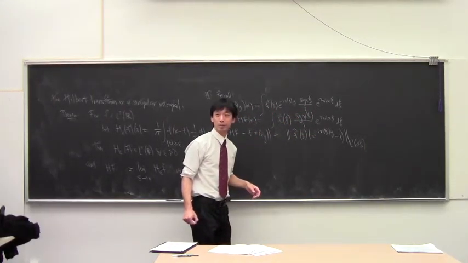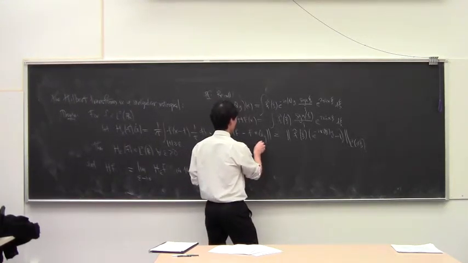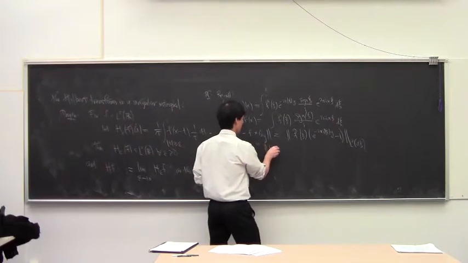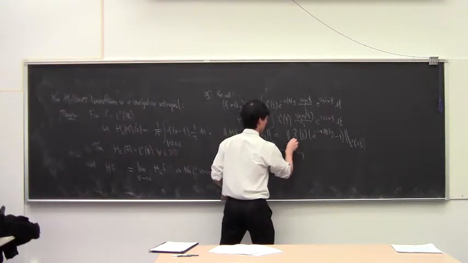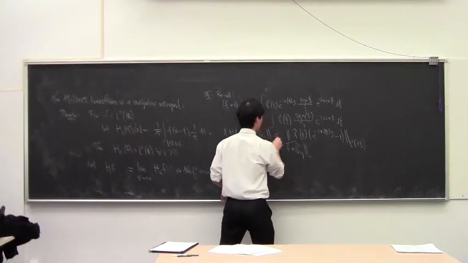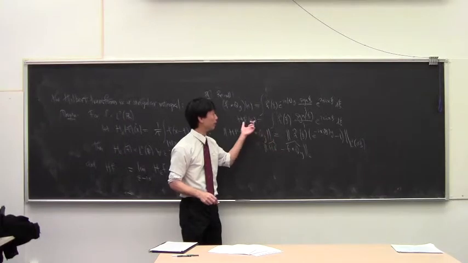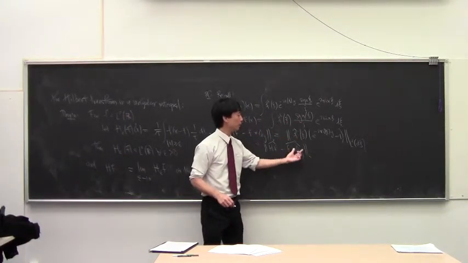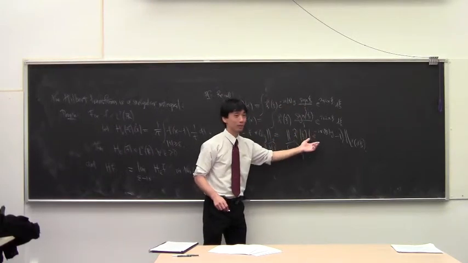Is that okay? This is by Plancherel's theorem. This is the same thing as this. And the Fourier transform of the Hilbert transform is this. The Fourier transform of this thing is this. And then you subtract them and you get this thing.